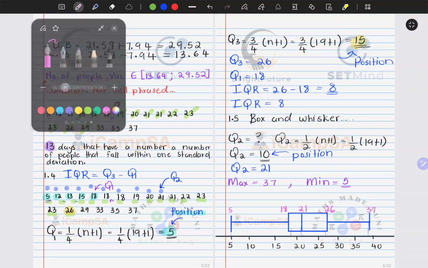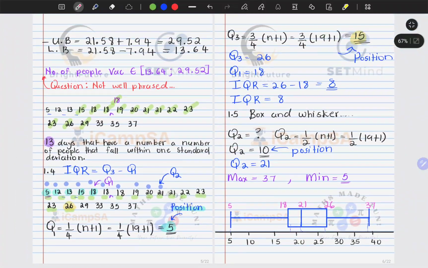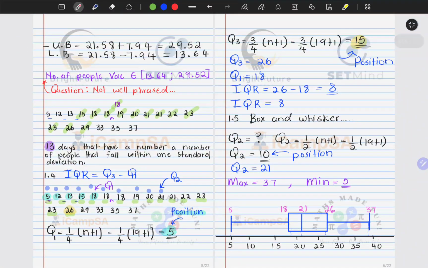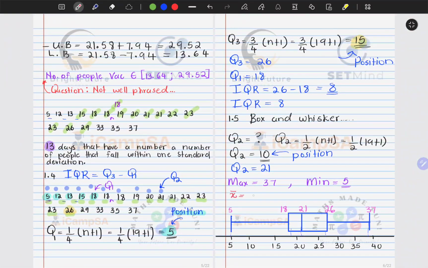But one thing I need you to realize about how skewed this is: if you observe carefully, your mean we found previously to be 21.58, and your median Q2 we found to be 21. So your mean is bigger than your median.